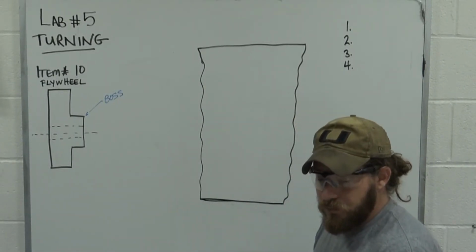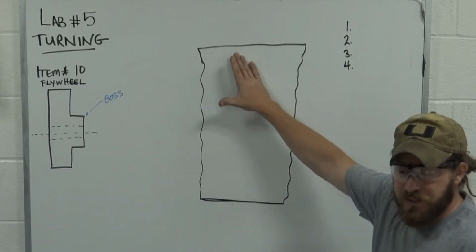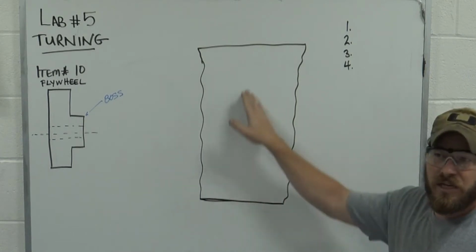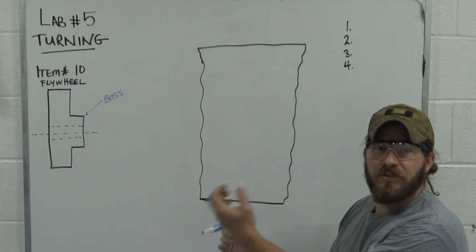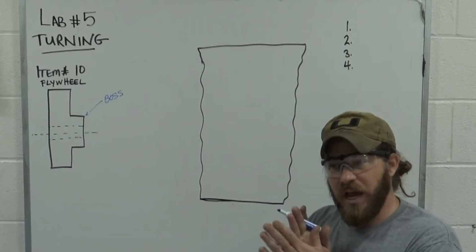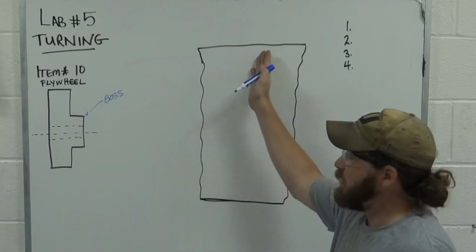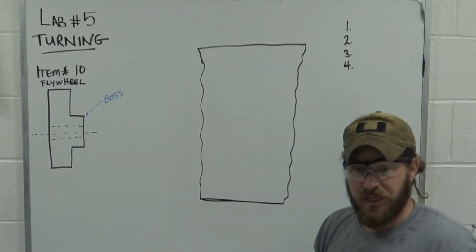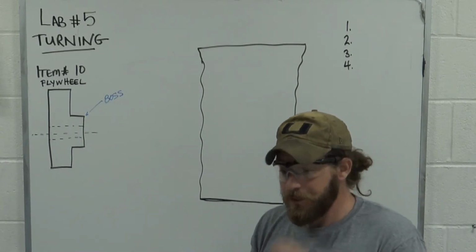I drew squiggly lines because right now we just have saw cut ends. We have nothing that's nice and parallel or perpendicular to each other. We've got to square this thing up before we can really get started.